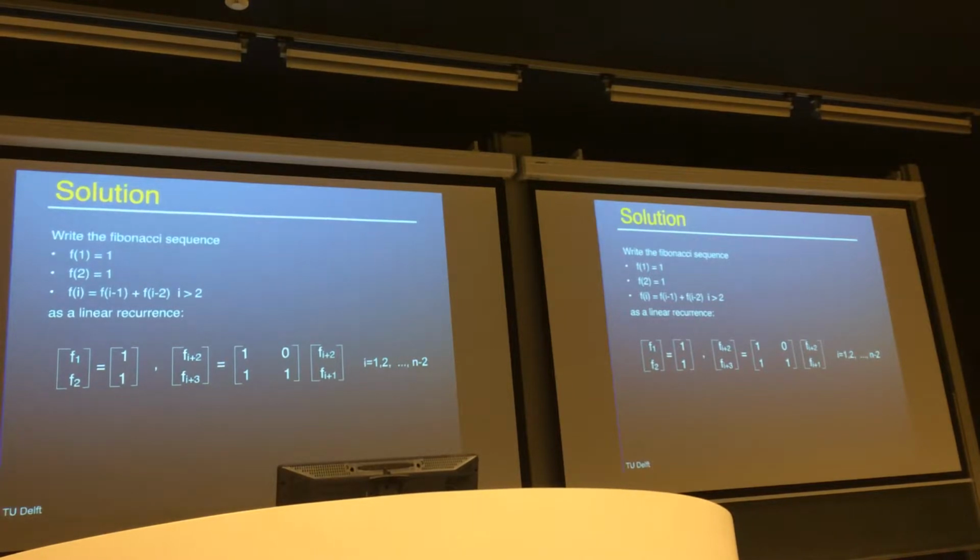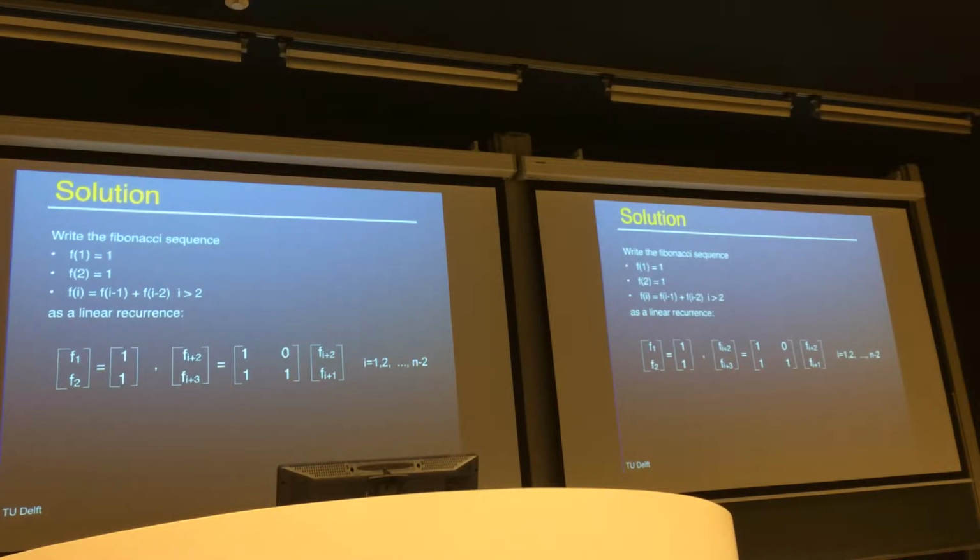And then you have captured all the recurrences in a matrix recurrence, realizing that this is a vector and this is also a vector, and this vector can be written as a matrix times another vector.